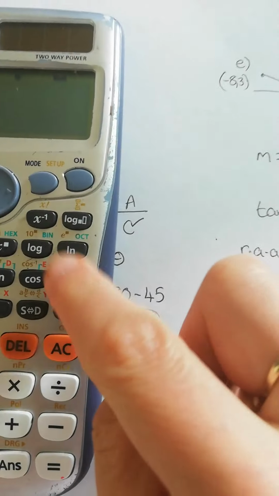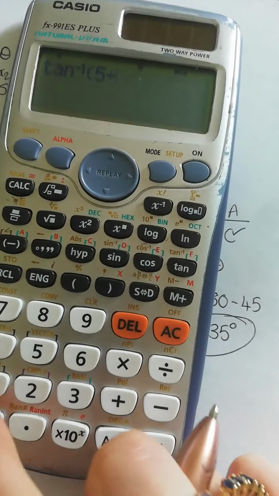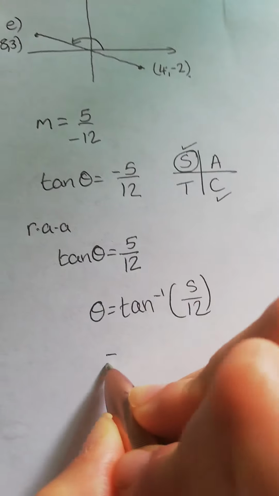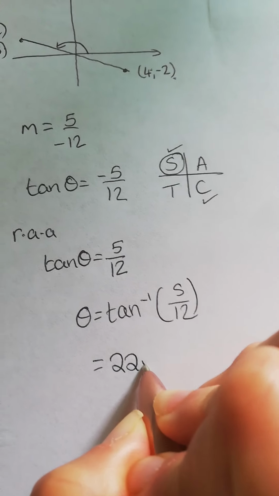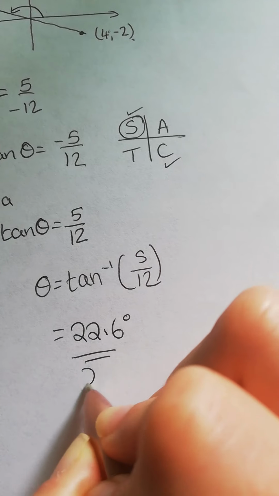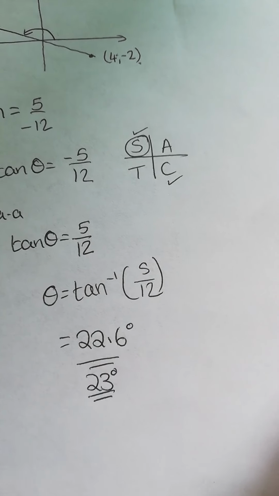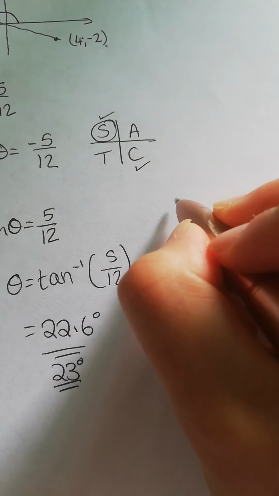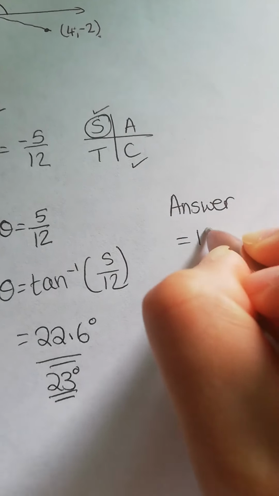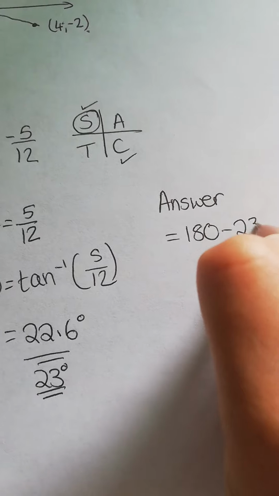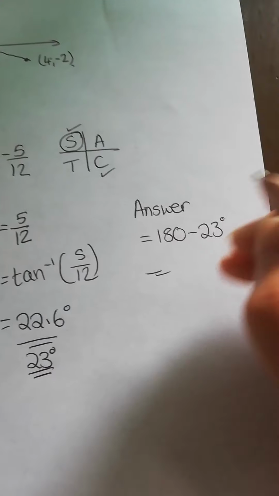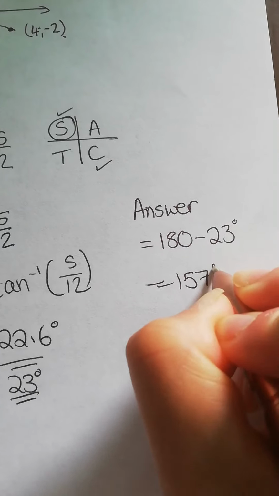We work that out on the calculator, and I get 22.61, so 22.6 degrees, even 23 would be okay. Sometimes it's easier working with a whole number. So the angle that we're looking for is 180 minus 23, which I should be able to do in my head, is 157 degrees.